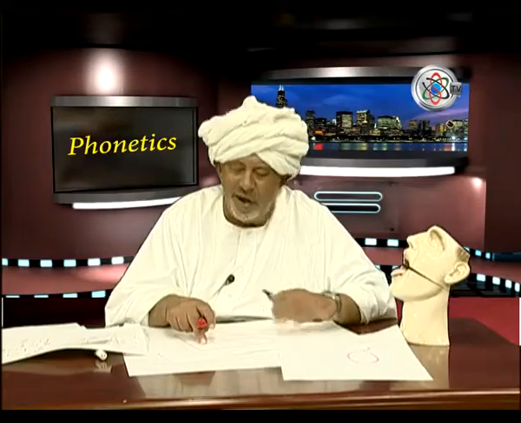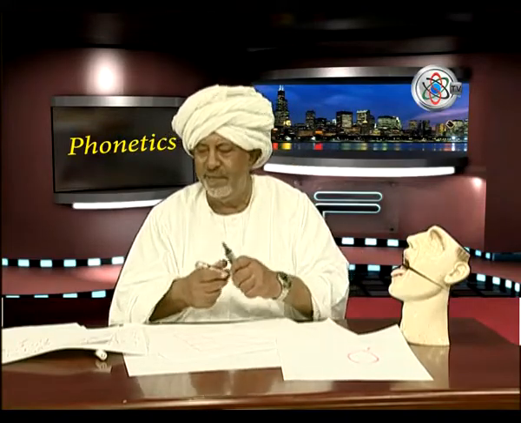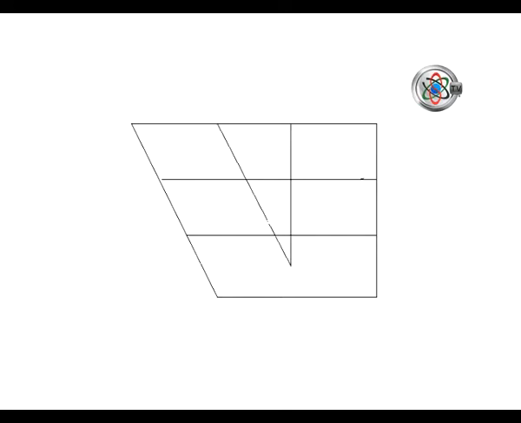This is after the coiffeur. And I'm sure you all know the coiffeur. Okay? So this is the cardinal vowel number 1 here. Cardinal vowel number 2 here. Cardinal vowel number 3 here. Cardinal vowel number 4 here. Cardinal vowel 5, 6, 7, 8. He called them the primary cardinal vowels.